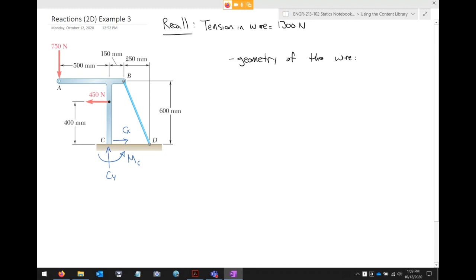Just in the interest of tying this to topics that we've done in the past, maybe I'll try to be pretty formal about it. I want to look at essentially this triangle. We'll say that this is point D, this is point B. I'm basically taking this triangle over here and seeing if I can express this geometry here.